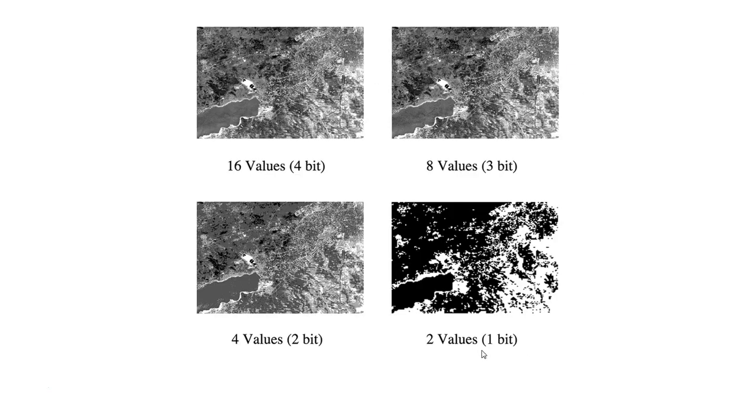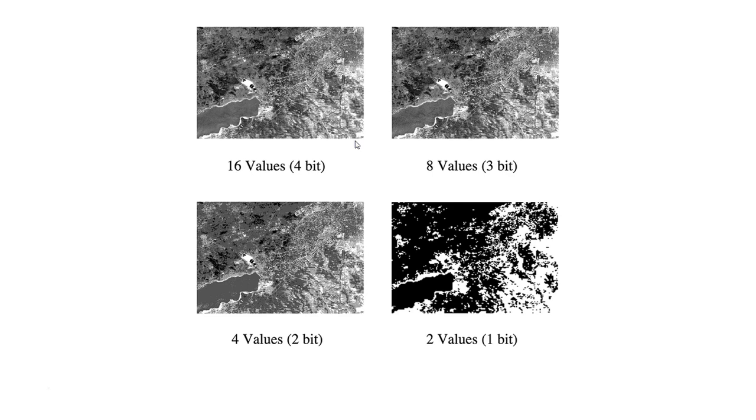So here, under 2 values, which would be 1 bit, this would be like a Boolean result. Our radiometric resolution is very low. Whereas up here with 16 bits, we're a little bit better off. So here we can see all the colors in a rooftop or all the colors across the forest area that has many different shades of green.